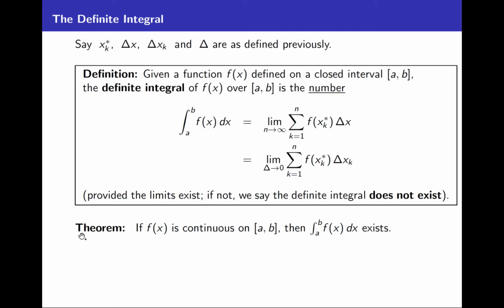But anyway, this theorem basically tells us that you don't have to worry about your definite integrals not existing. If everything is continuous, which is the way we want to look at things anyway, the definite integrals are going to exist.